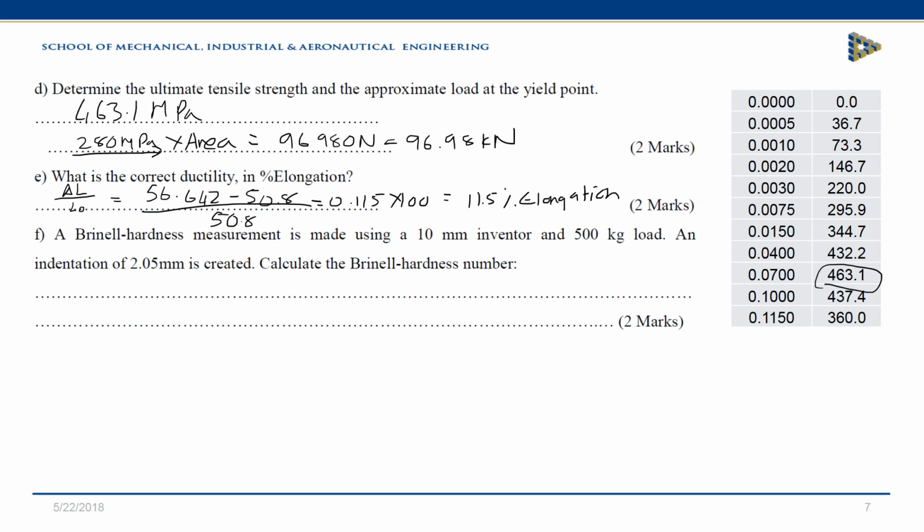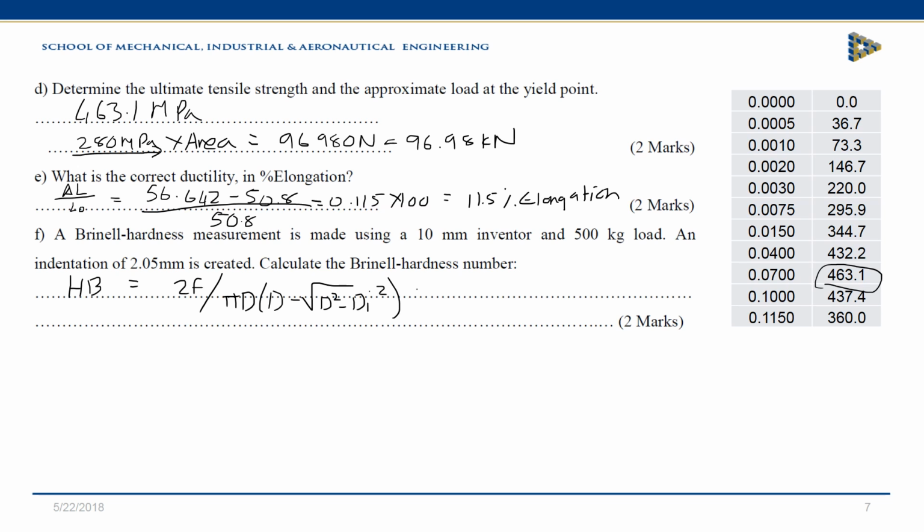Now the next part of the question asks for a Brinell hardness calculation, and it says we've got a 10 millimeter indenter and a 500 kilogram load, and we know the size of the indentation. Calculate what the Brinell hardness number is, and we know from our formula sheet that our Brinell hardness is equal to 2F over pi D times D minus the square root of D squared minus Di squared.